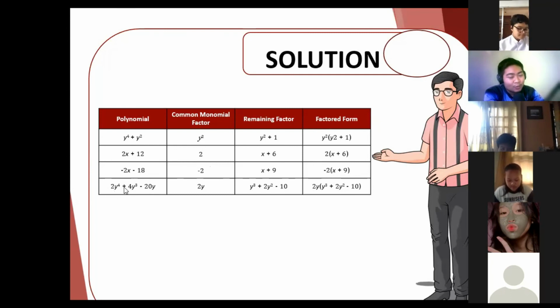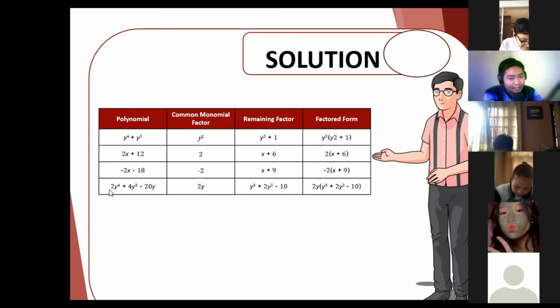Next one. What do they have in common? We have 2y raised to 4, 4y cubed and negative 20y. So the common monomial factor for this would be 2. Then kunin yung pinakamaliit na variable natin, y. Okay, there's no other variables there.